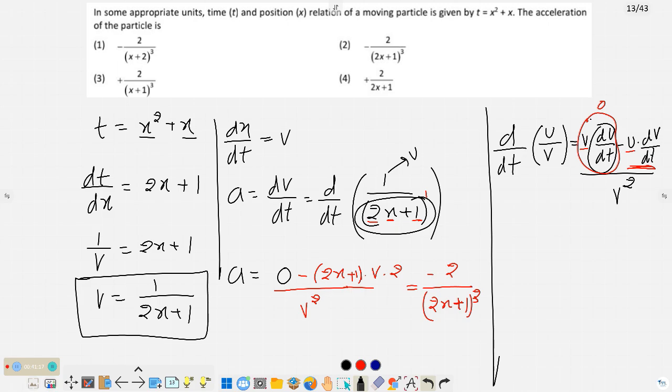If you want to be more precise, you can do it like this: d by dt of 1 by (2x plus 1). Using the formula n into x power n minus 1, with n equal to minus 1, we get 1 into (2x plus 1) power minus 2, and taking the minus, it becomes minus 2 here.